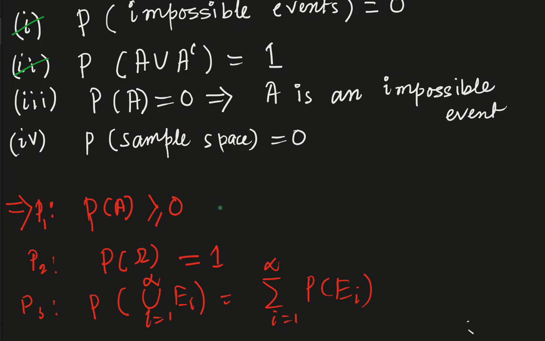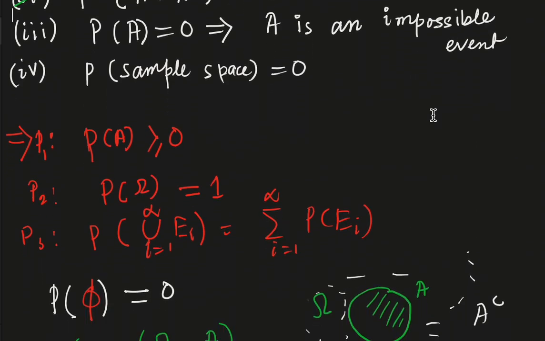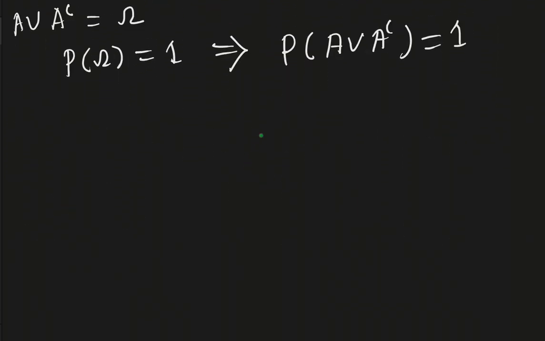But there is a subtle thing here. The statement means P of A is 0 only when A is an impossible event. That statement is not true. Because if you take my example, if I choose an interval between 0 and 1, we know that the probability of choosing a particular point in this interval is actually 0, but that is not an impossible event, that is a possible event.